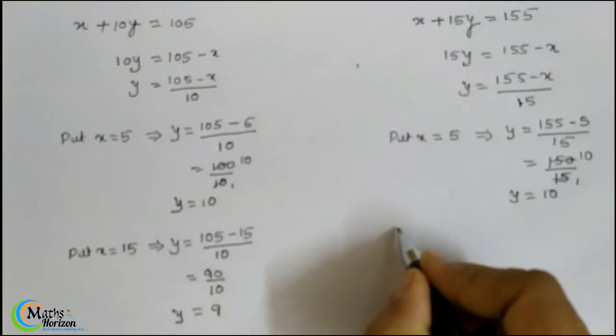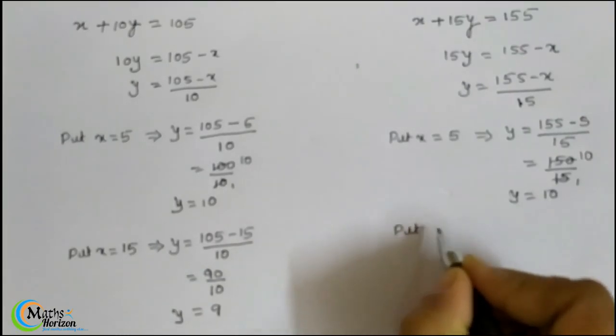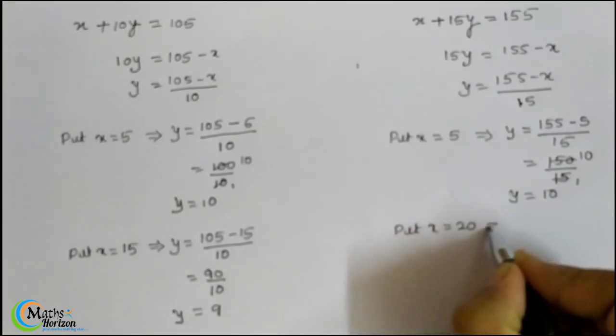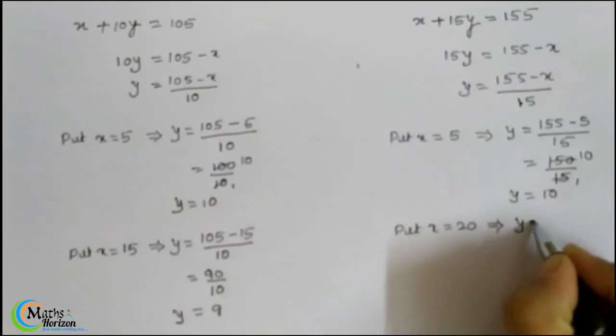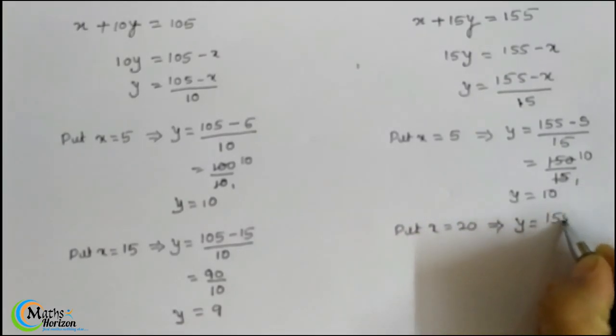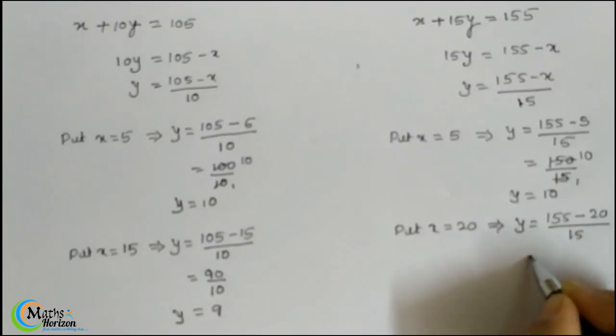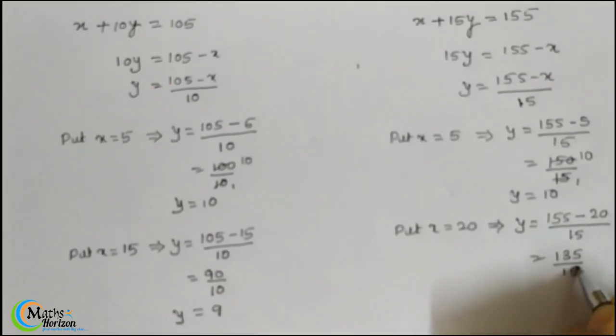Now next, let us put x is equal to 20. Then y is equal to (155 minus 20) divided by 15. So 155 minus 20 is 135 by 15. So y is equal to 9, because 15 nines are 135.